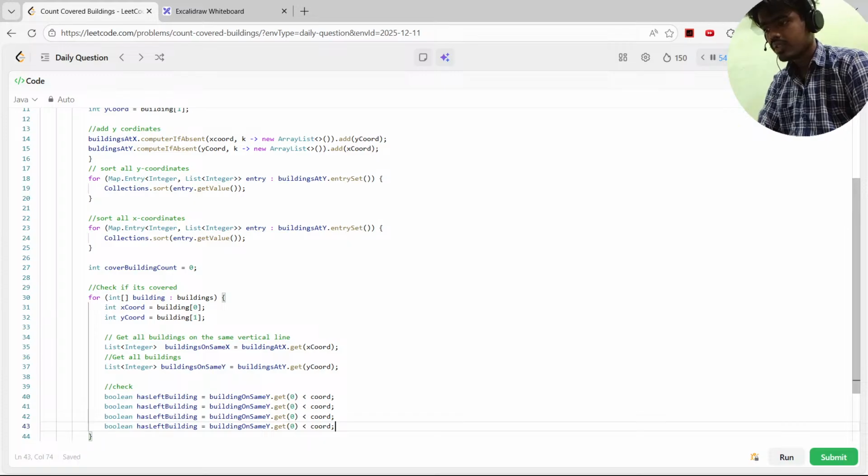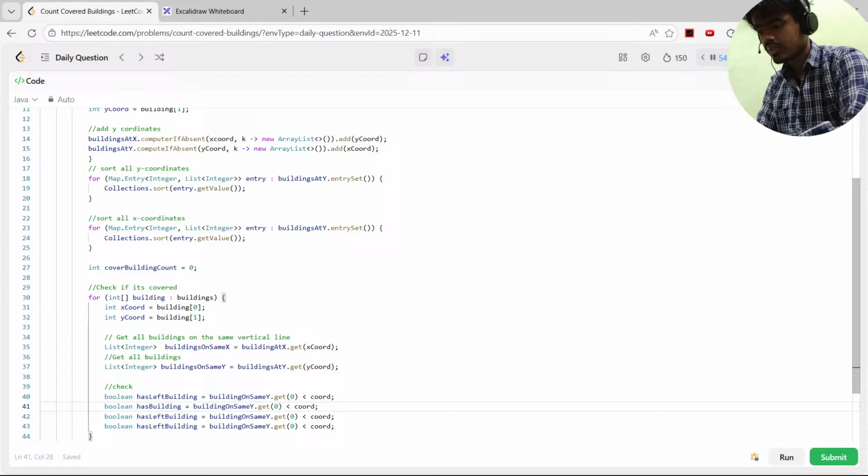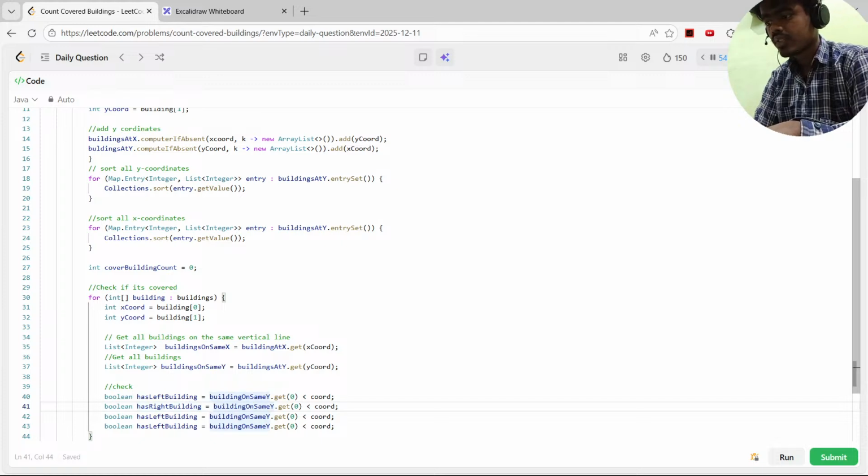And now you have to write left, so you have to write x coordinate is equal to, so we have the same y, right?